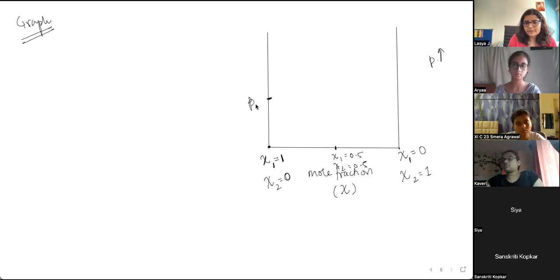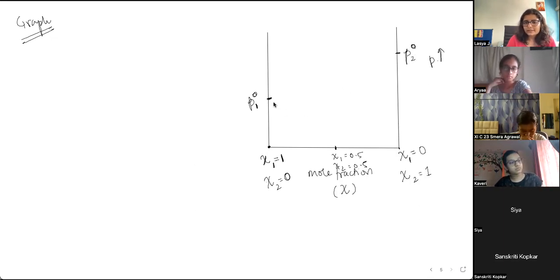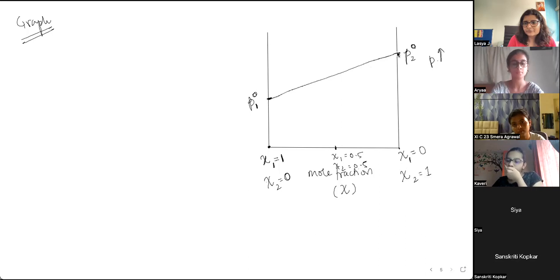This will be P1 naught. And when it is purely component 2, it will be the partial pressure of component 2 only. When you mix both of them, the total vapor pressure ranges from P1 to P2. The graph will look like this.